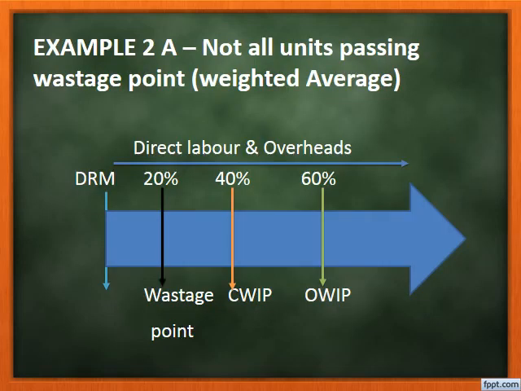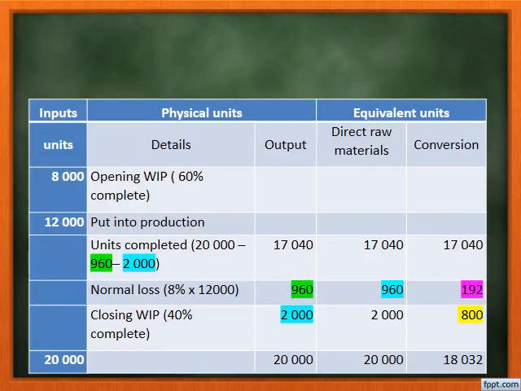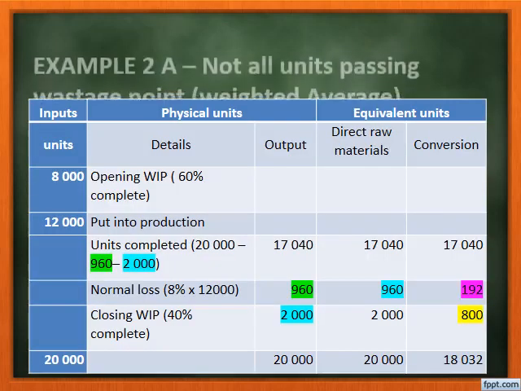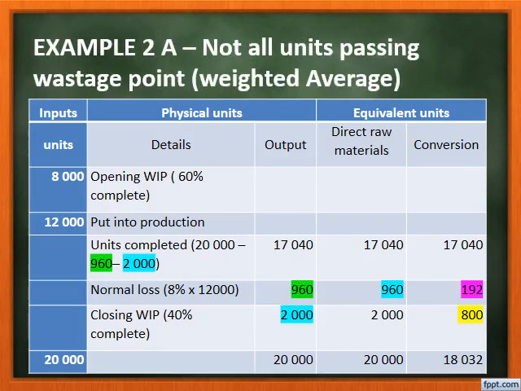For this example, assume the same information as example 1a above, except that the opening and closing work in progress is 60% and 40% complete respectively. Spillage occurs at 20% completion point. You will notice that the normal loss units has changed.